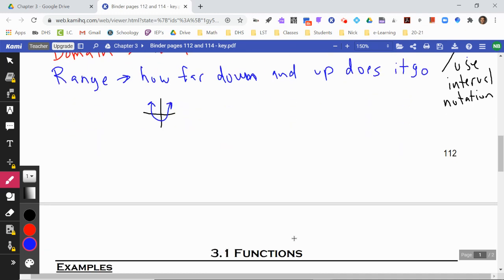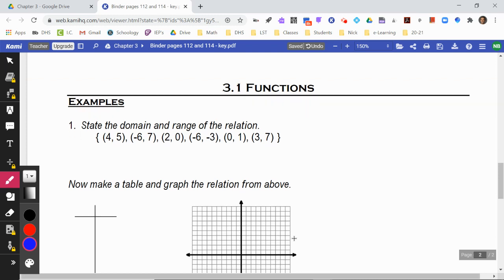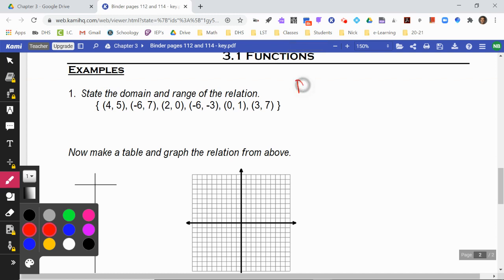All right, now let's take a look at one more example. We're going to jump to page 114 and look at this first example here. We're going to state the domain of this relation, and this is a bunch of ordered pairs. So this is definitely discrete, which means I'm going to just list out those x values for my domain and then list out those y values for my range without repeating. For my domain, I'm going to use those squiggly little brackets. Doesn't have to be perfect.